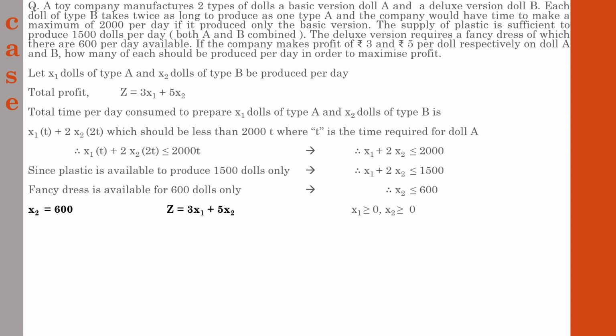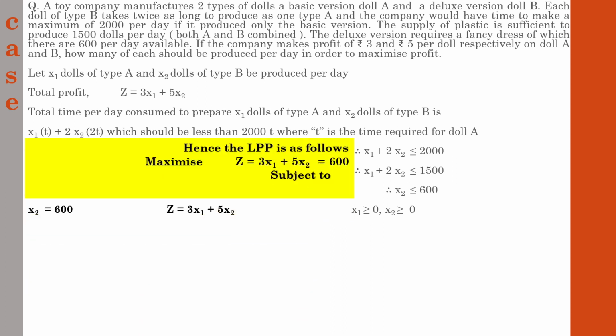So we have found the constraints and the objective function on the basis of the details given in the question. Now you need to prepare linear equations on the basis of this. First of all, write down the details which we have found. Hence the LPP is: maximization function z equal to 3x1 plus 5x2 subject to constraints.